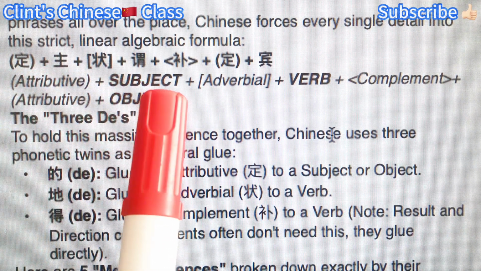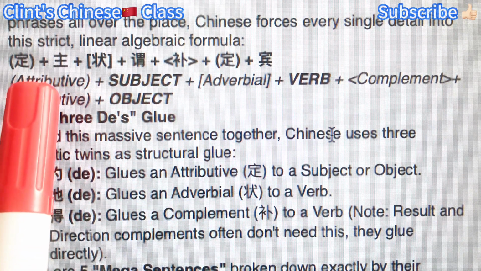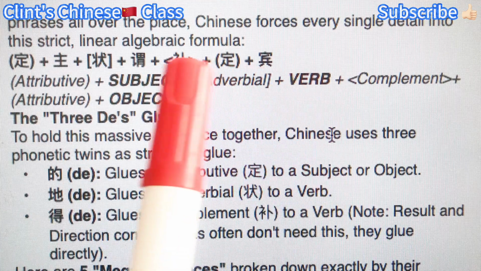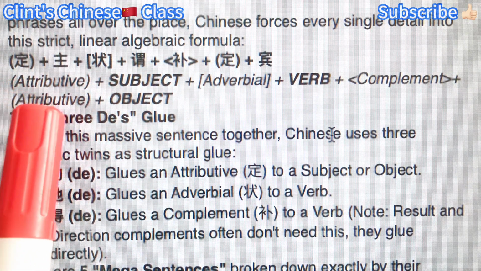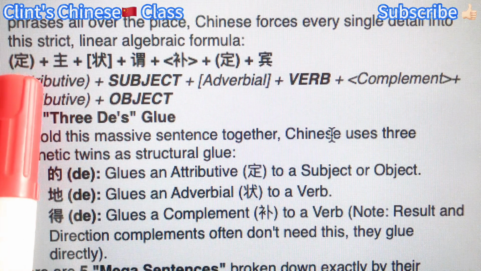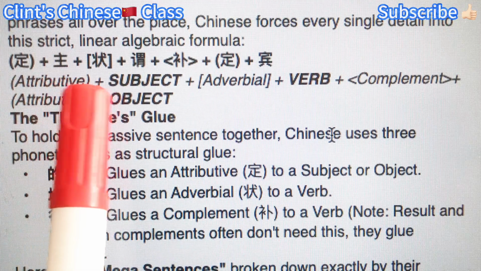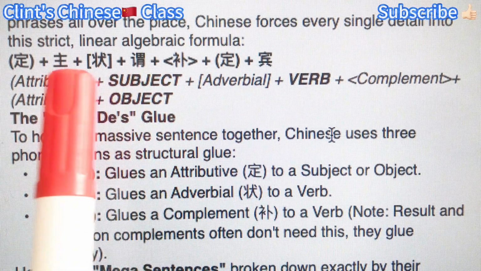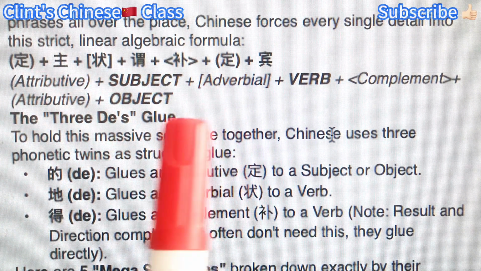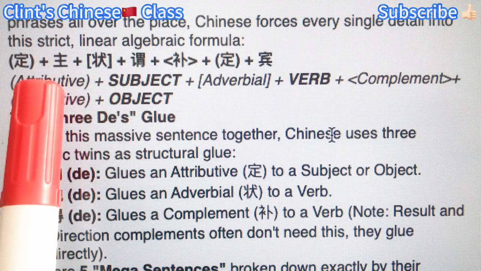If you have an extremely long sentence, let's say you have all the grammatical components in one sentence, they are supposed to be connecting in this way. Attributive, usually adjectives, right? They modify subjects, and objects are usually nouns, noun phrases, right?